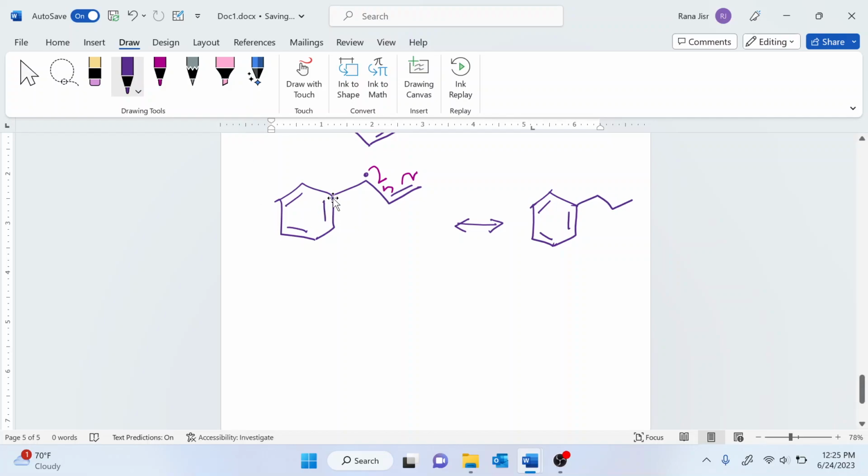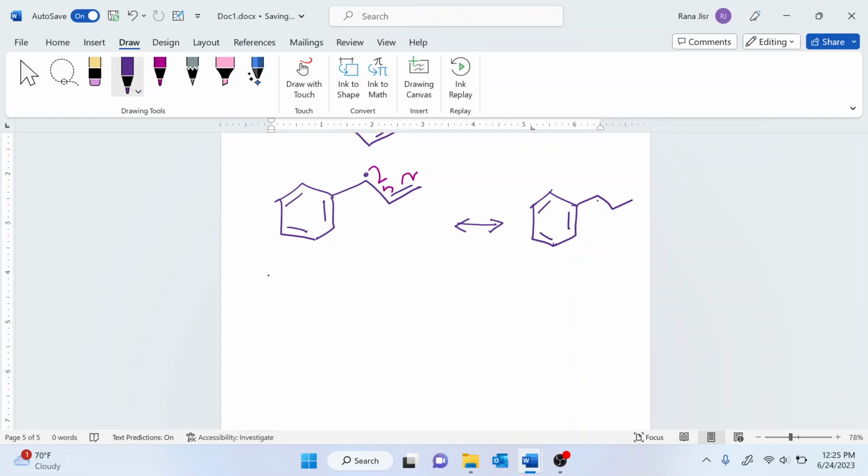Conjugation means that I do have 6 p orbitals, and these p orbitals overlap with each other. So I have an alternation of double and single bonds. I don't want to break the electronic cloud of the benzene. So this is why it is not recommended to do any resonance on the benzene unless you have a conjugated system that is directly connected to the benzene. We'll have an example on this as we go.